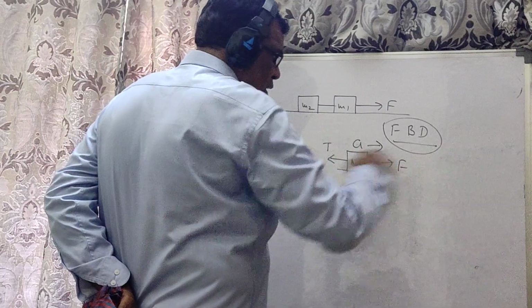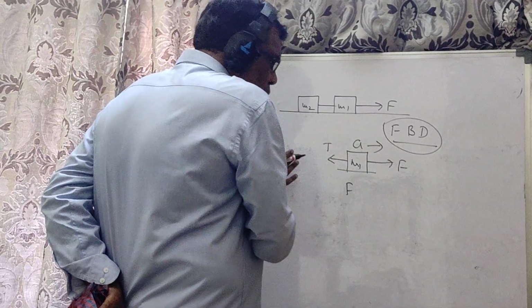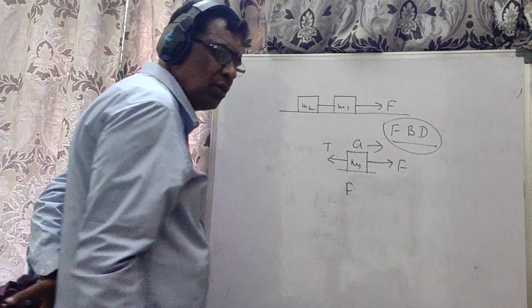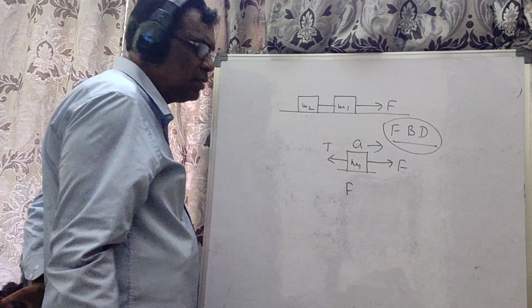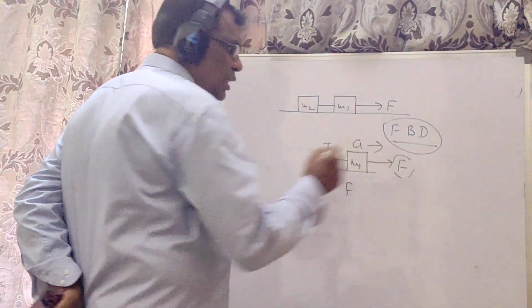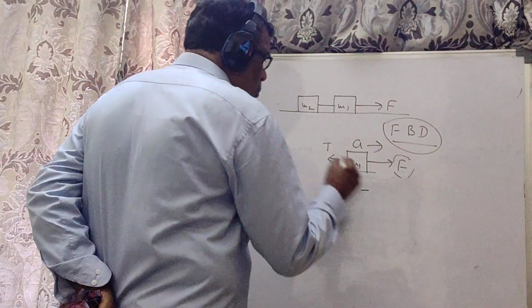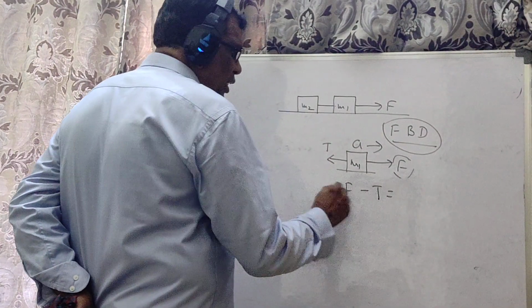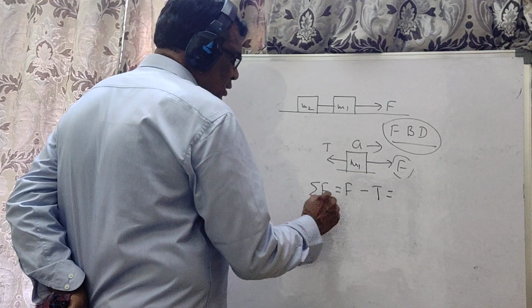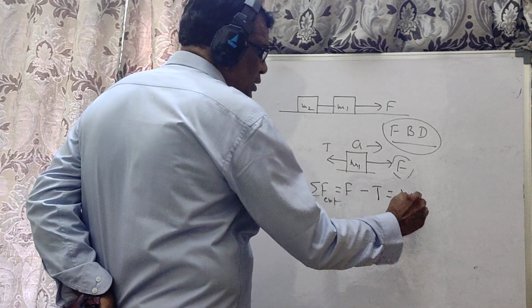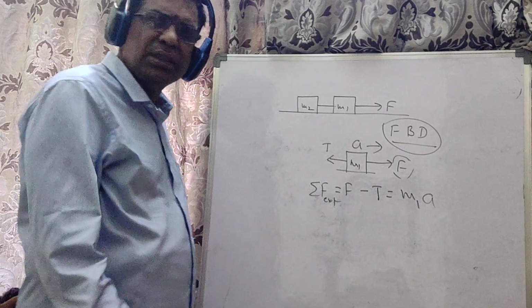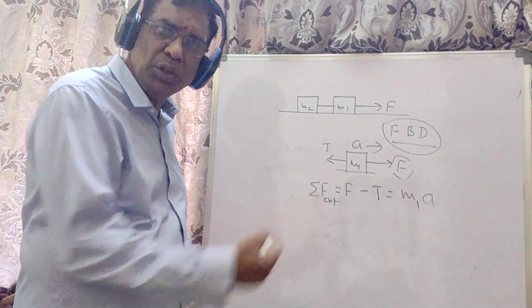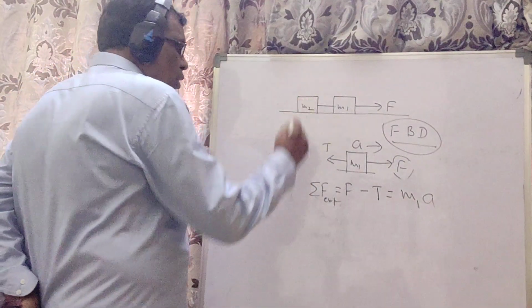There is only one line. So, all the forces in the direction of acceleration, I take, that is only F. All opposite, there is only one, T. So, F minus T, this is your net external force. And this is equal to mass times acceleration. This is how I am going to apply Newton's second law.